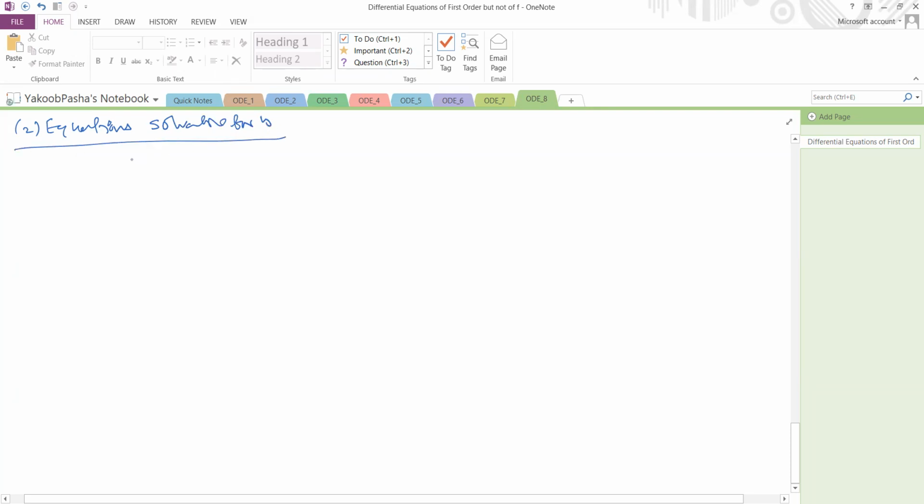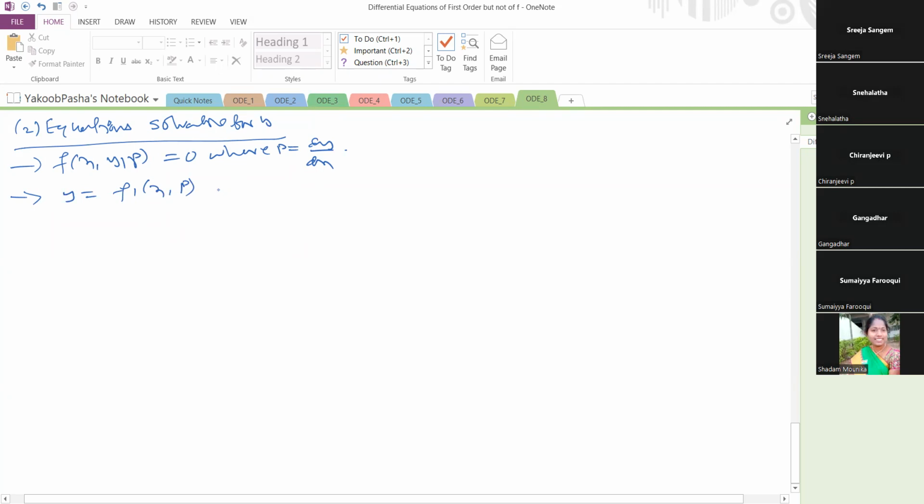So the given equation is in the form of f of x comma y comma p is equal to 0, where p is equal to the first order derivative dy by dx. So if it is easy to write y is equal to f1 of x comma p, now take this as equation number 1, and this is equation number 2.